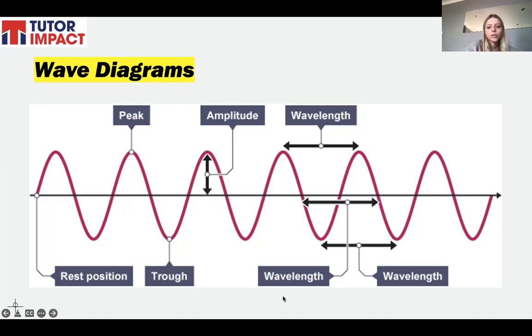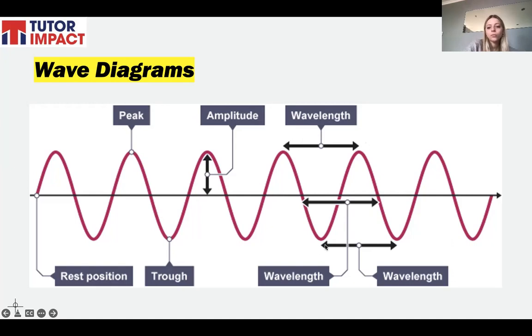Now, the next thing on this diagram is wavelength, and as we said before, a wavelength is the distance covered by a full cycle of the wave, and it's usually measured from peak to peak or trough to trough. And you can see that here. We have two peaks here, and the distance between them is the wavelength.